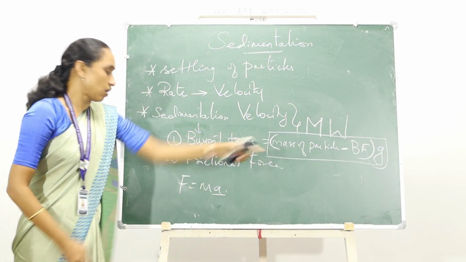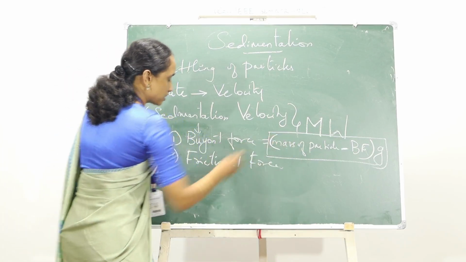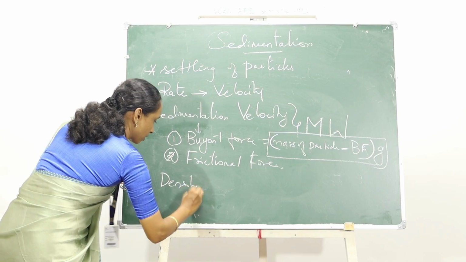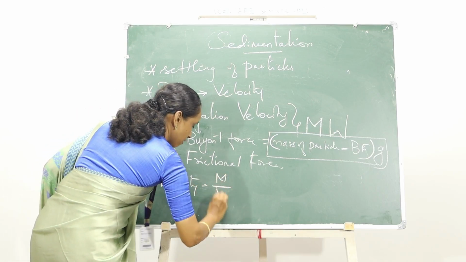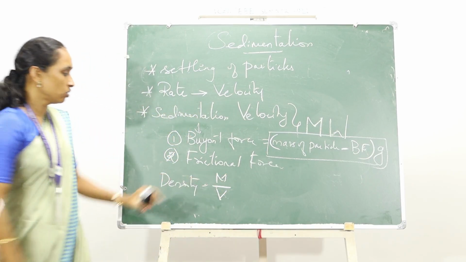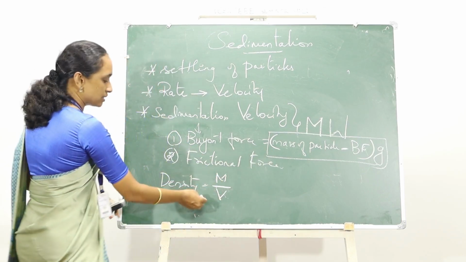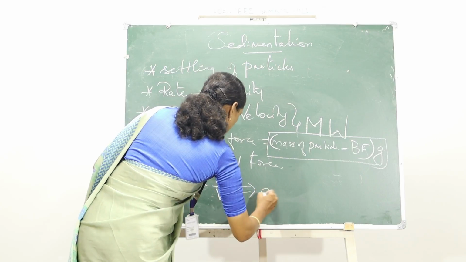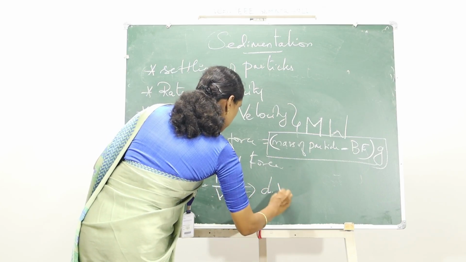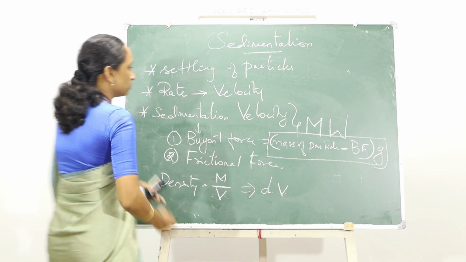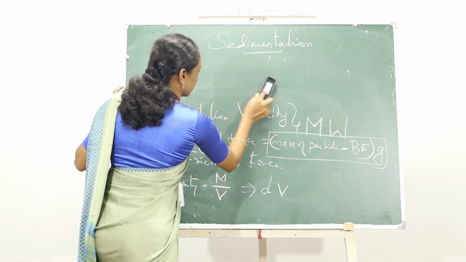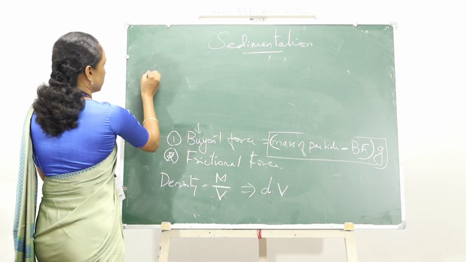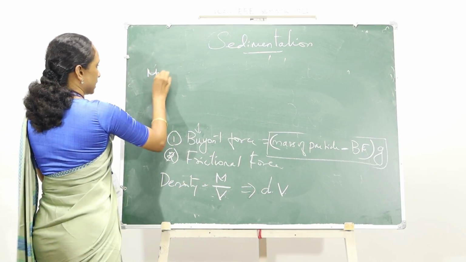Now for the mass of the particle, density is equal to mass by volume, right? So in order to find mass, it is density into volume, where density is written as d and volume as v.